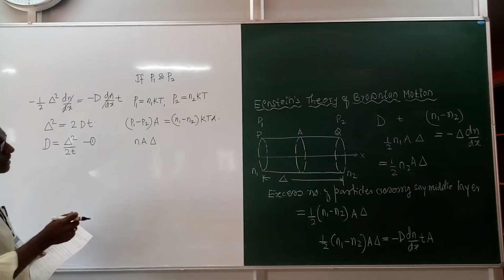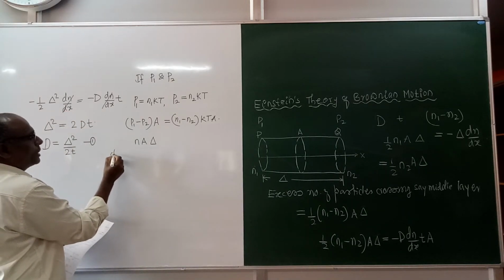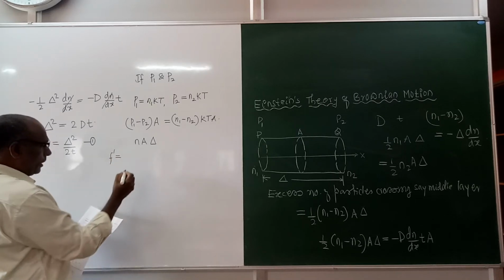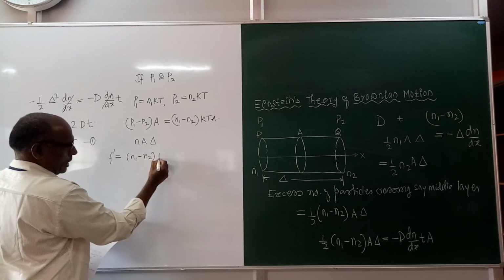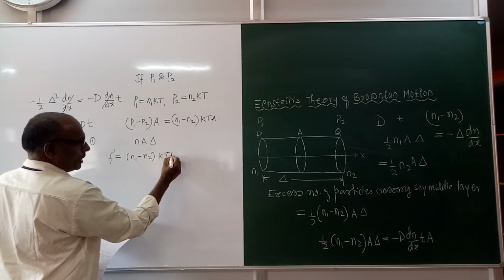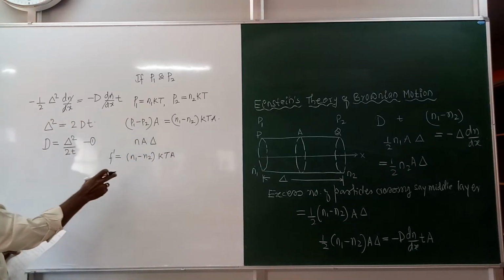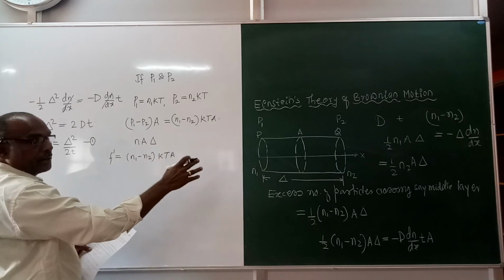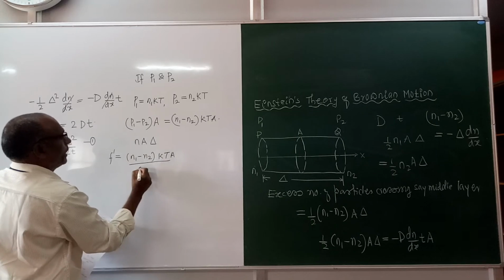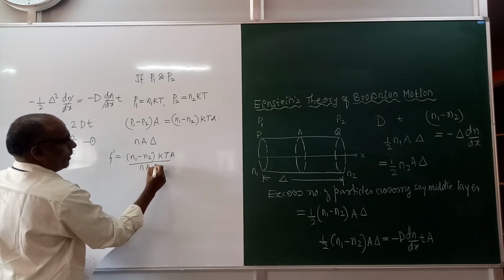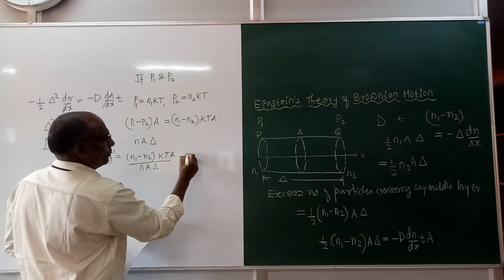So the force exerted on a single particle, I'll write F dash, is equal to N1 minus N2 k T, divided by N A delta. This is the force experienced by the imaginary cylinder divided by the number of particles contained in it. Let me call this equation number 2.